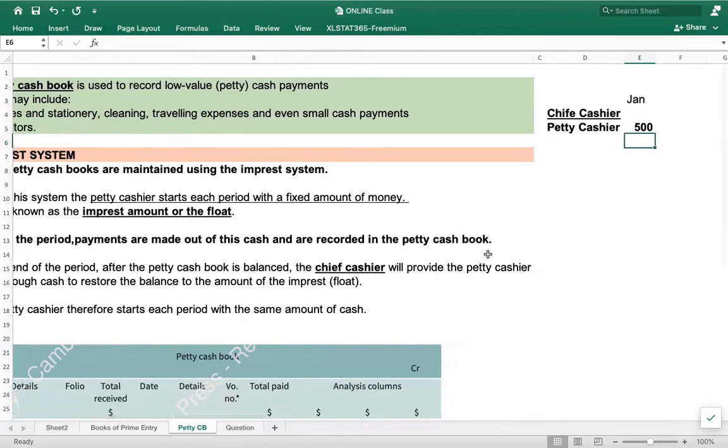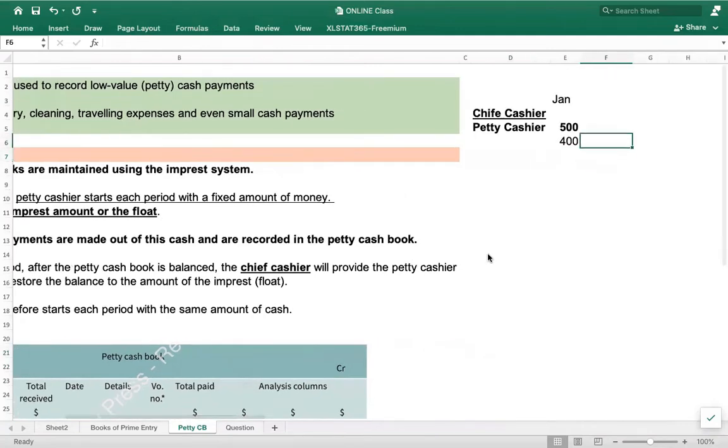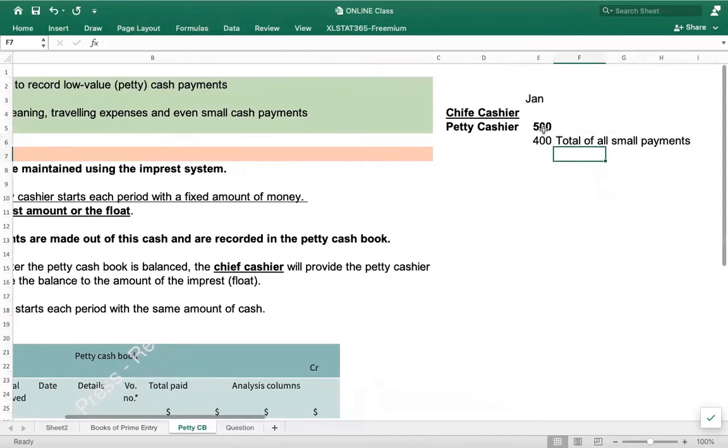Let's say the total of all the small payments is 400. Out of this 500, he paid $400 in total in the month of January.